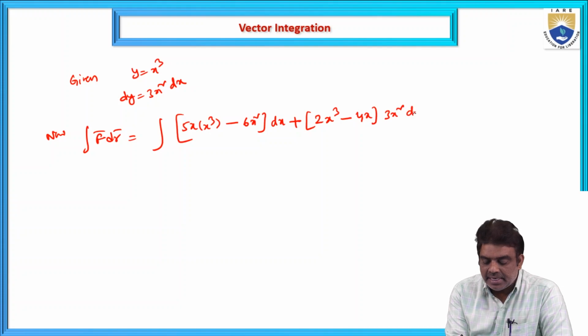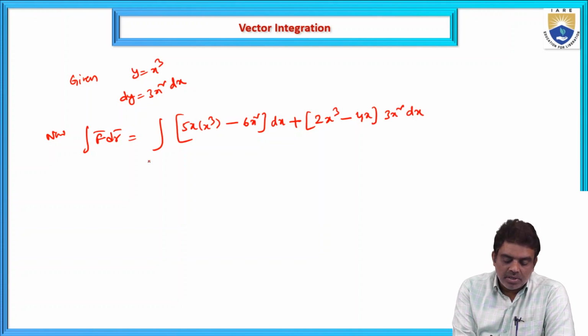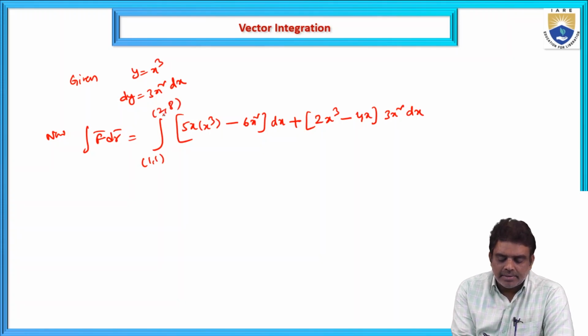Dy can be written as 3x square dx, from (1, 1) to (2, 8).